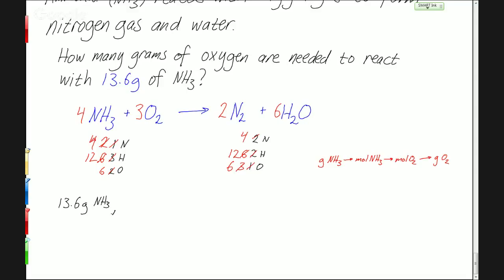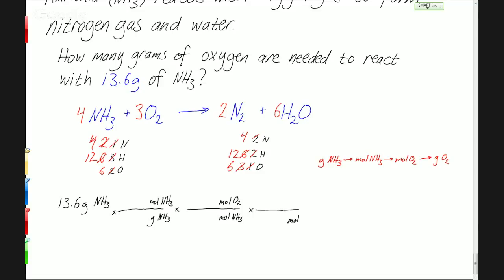All right, so first we're going to go grams of ammonia to moles of ammonia. And we'll get the numbers in there later. Then we're going to use the quantities in the equation to go from moles of ammonia to moles of oxygen.